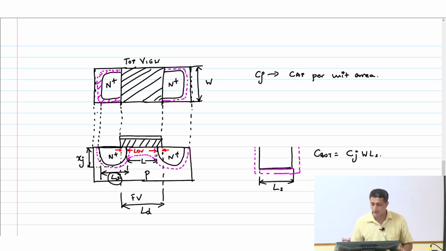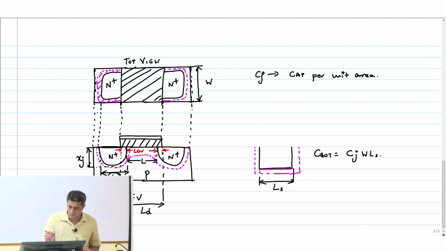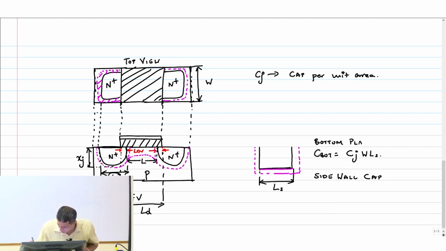So what is my perimeter capacitance? Or rather, it is called side wall capacitance for obvious reasons. And this is called bottom plate cap, or bottom wall, doesn't matter.